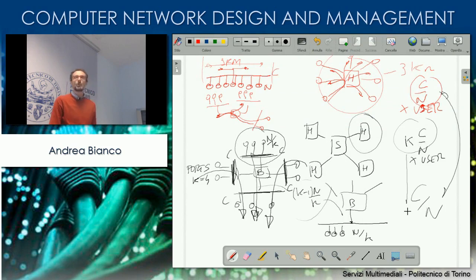So what's going to happen in this segment is that actually you have N over K plus 1 transceivers. The number of active transmitters is N over K plus 1. Correct?